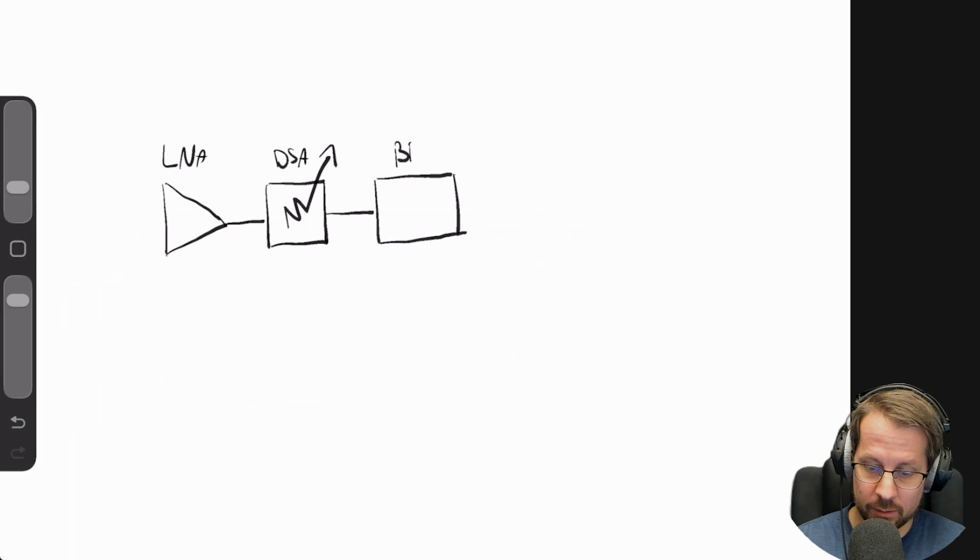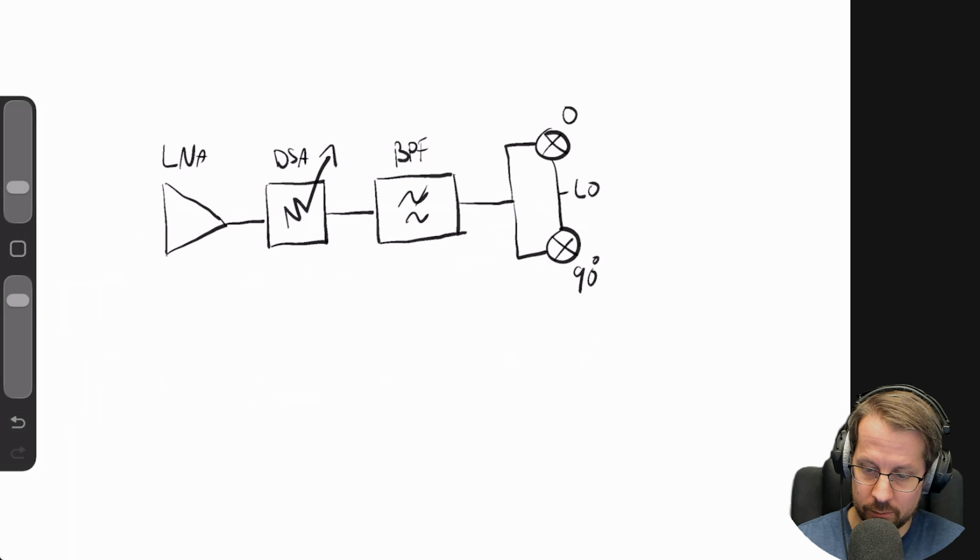So this is the band pass filter. And this can go into an IQ demodulator, where we have our mixers, 90 degrees, 0 degrees. And this can then go into some low pass filters. And this can then go into an ADC.